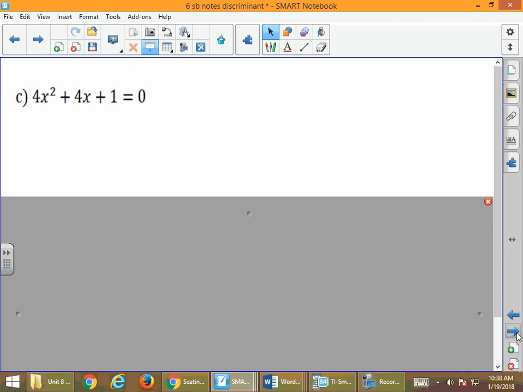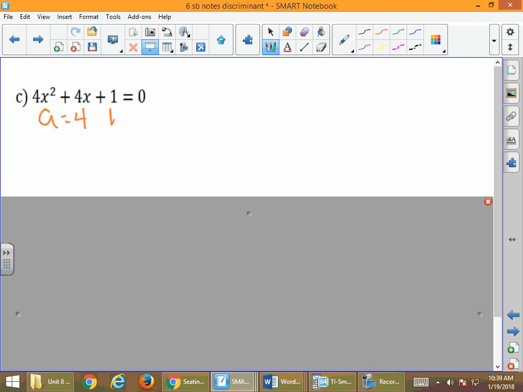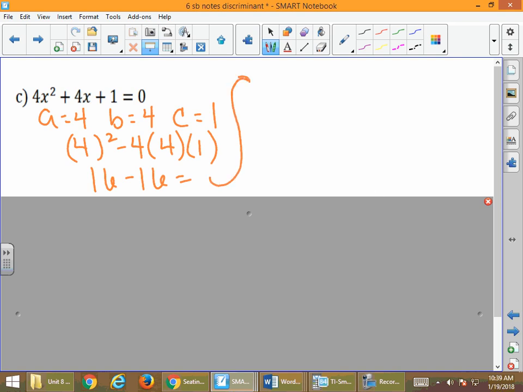Letter C, finding the discriminant. Well, we've got A is 4, B is 4, C is 1. When we fill in our discriminant, B squared minus 4AC, it's going to be 4 squared minus 4 times 4 times 1, which is 16 minus 16 gives us our discriminant equals 0.